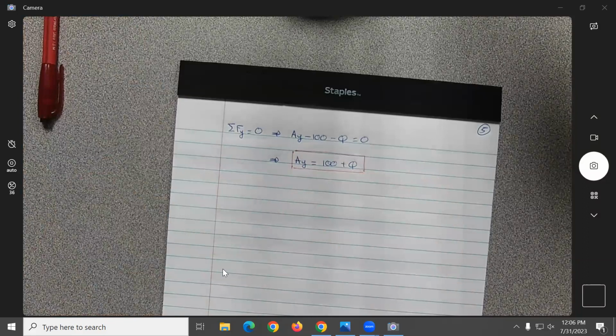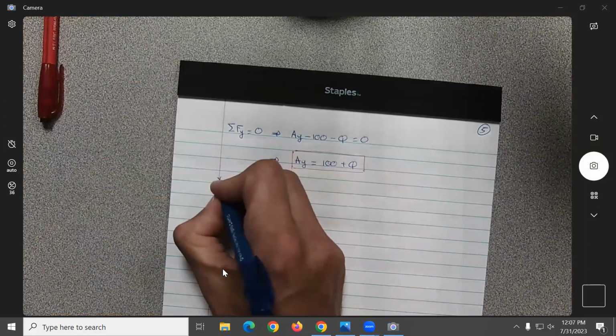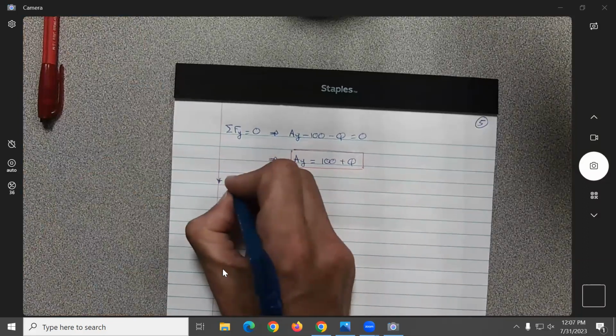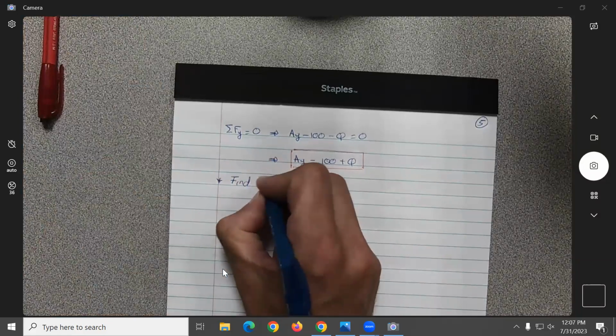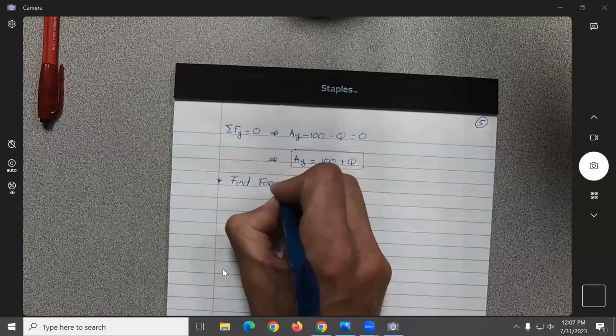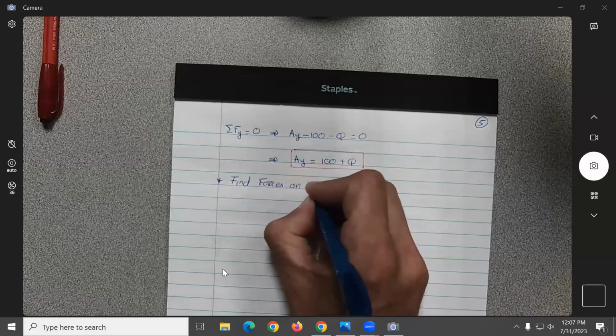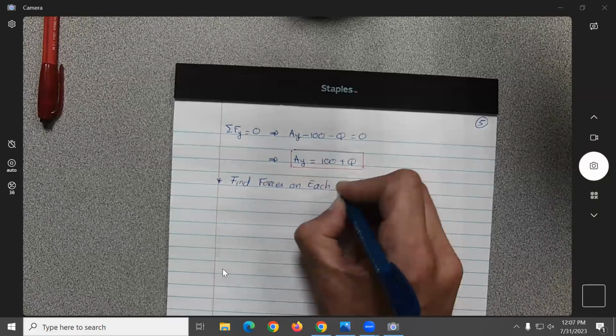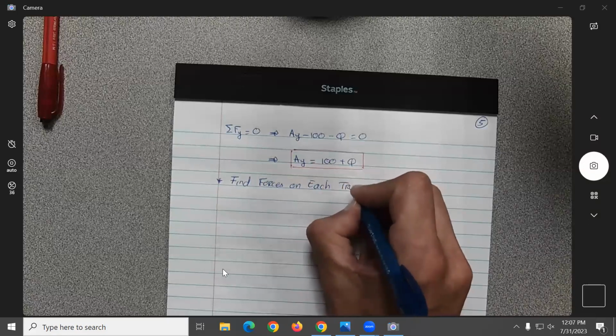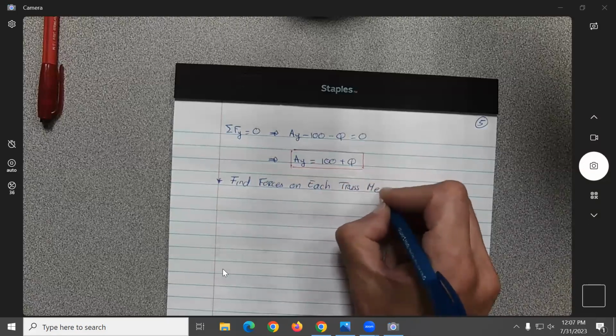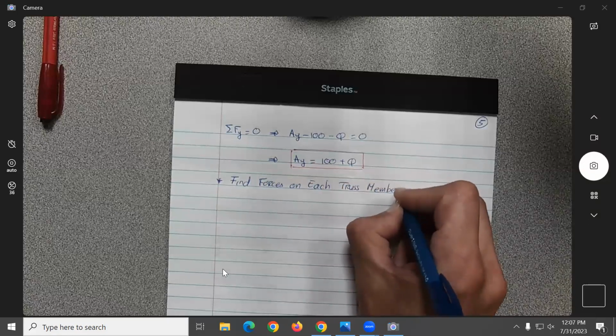All right. Now, what do we need to do? We need to find the forces on each truss member.